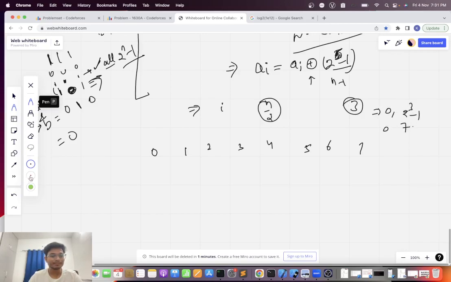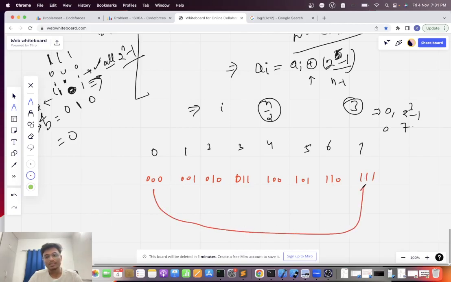Okay, now the bit representation of 0 will be 3 bit, it will be 0 0 1. If you see, then you feel it, 6 and 7. So first and last, if I'm taking the AND of both of these, then its value will be 0. You're going to see that, okay, for all the cases.